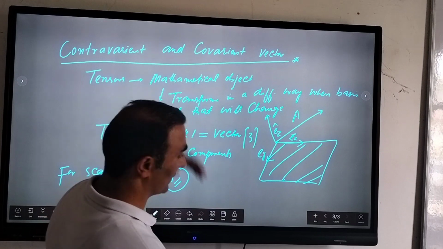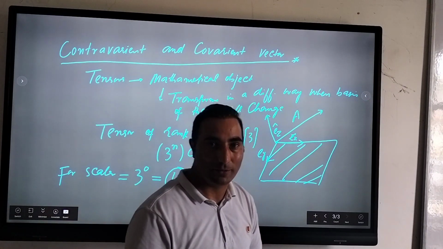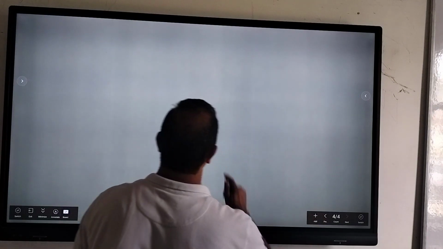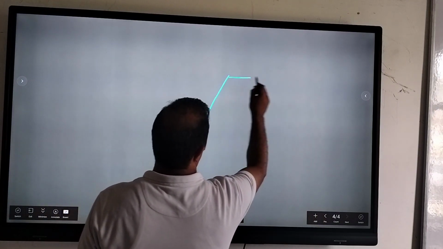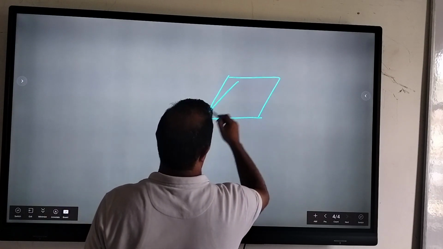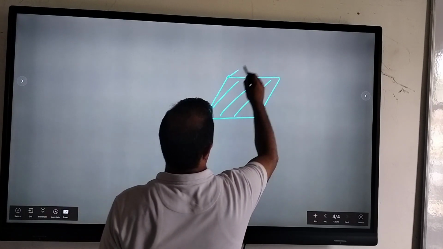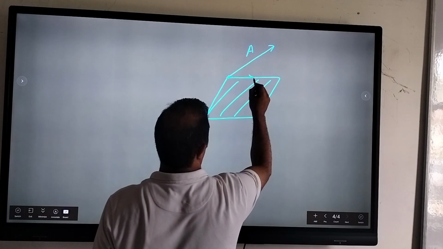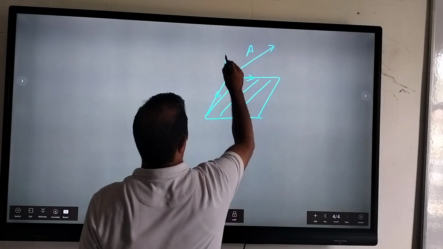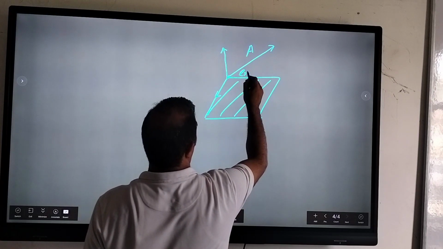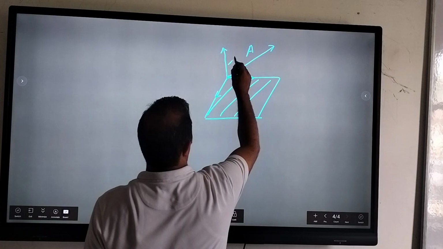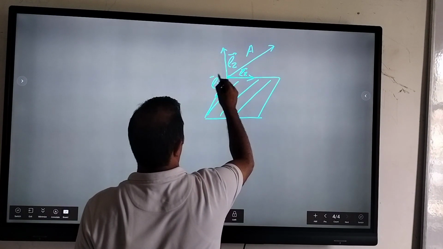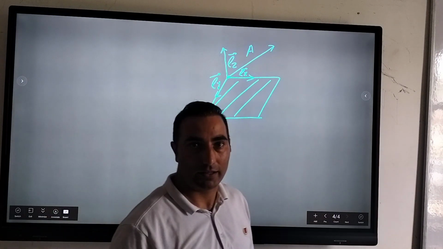And now let's go back to our main topic, that is, how you can define a contravariant vector. If we choose different bases, suppose this is the plane, and suppose this is our vector A, and these are our basis vectors of that vector, right?